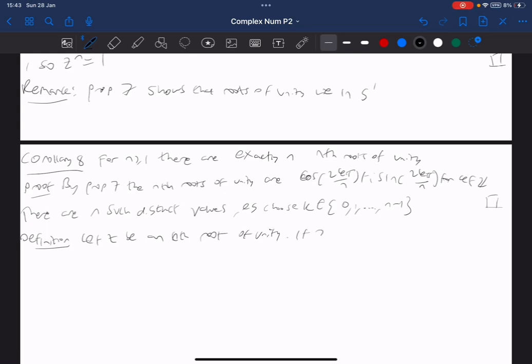If z to the power of m is not equal to 1 for 1 less than or equal to m less than n, then we say that z is a primitive nth root of unity.